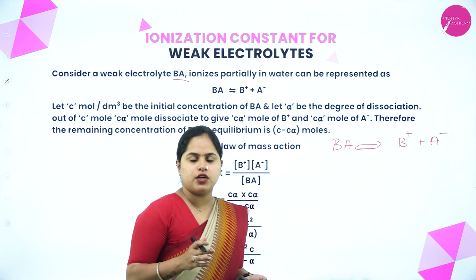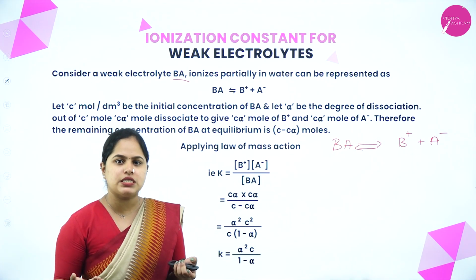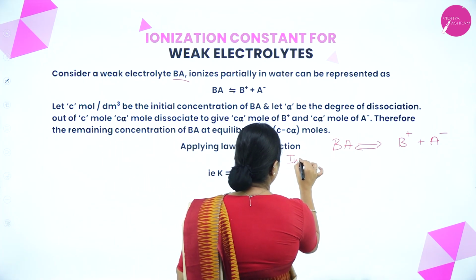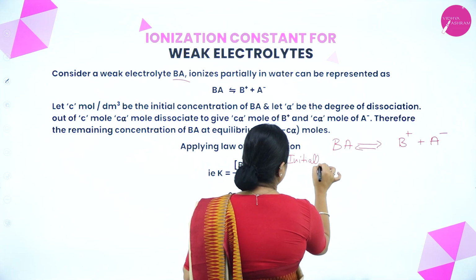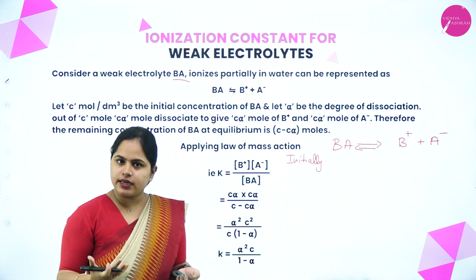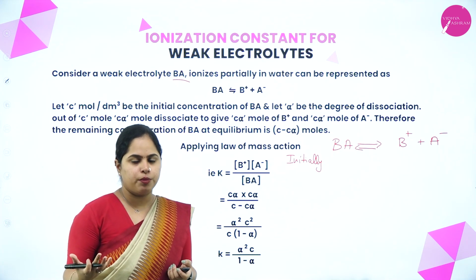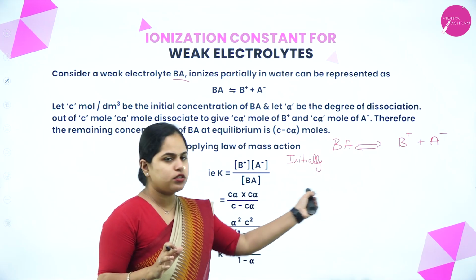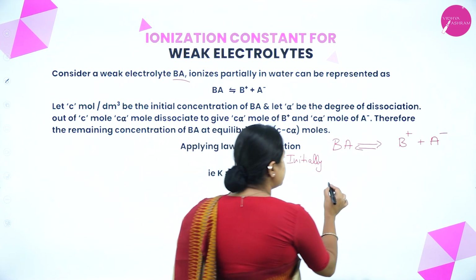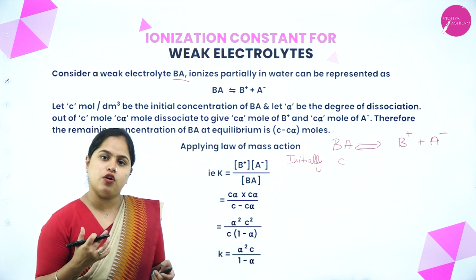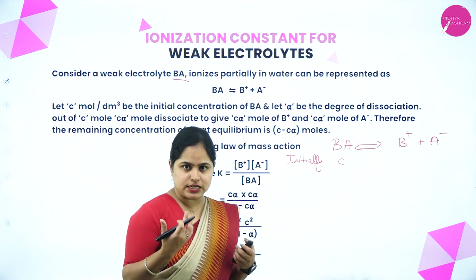BA was the weak electrolyte which dissociated into B plus and A minus, right? So, initially, we are taking two cases. Initially, what is the concentration? Initially, only reactants will be present, right? Products won't be formed. Initially, only the weak electrolyte will be present. Ions won't be there, right? So, we consider that concentration as C. Initially, the concentration of the weak electrolyte BA, let us consider it as C.